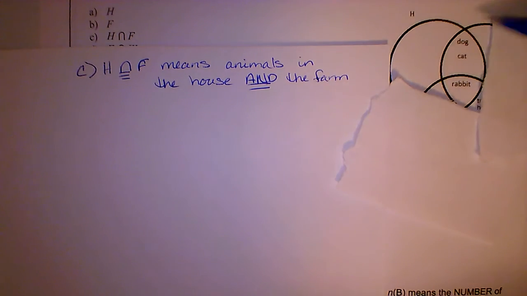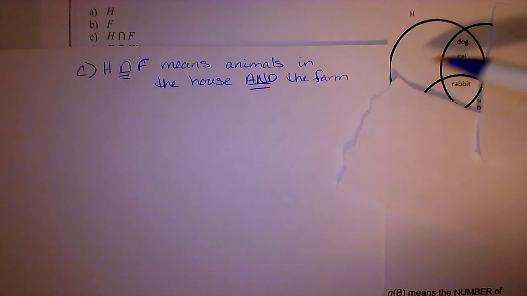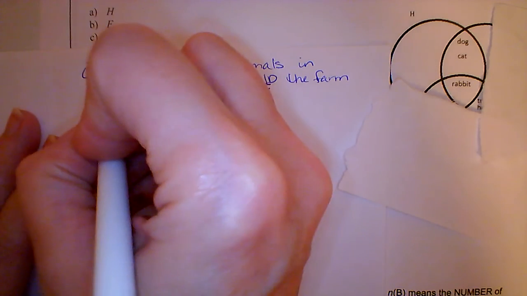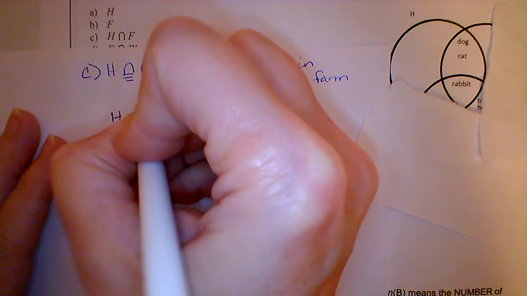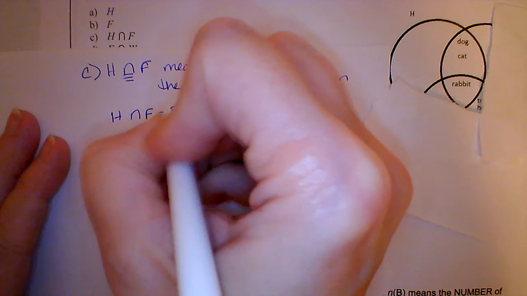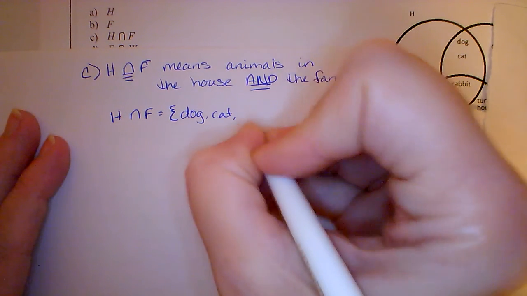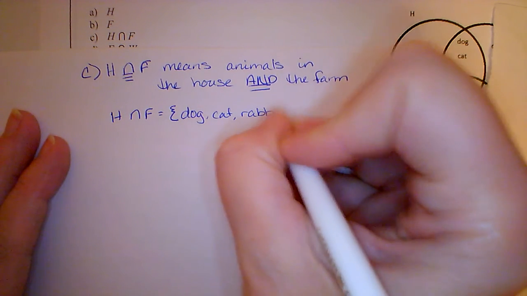So this middle section here, notice the dog, the cat, and the rabbit are in circles H and also in circle F. So these are the animals that overlap. So we've got that H intersect F is the set dog, cat, and rabbit.